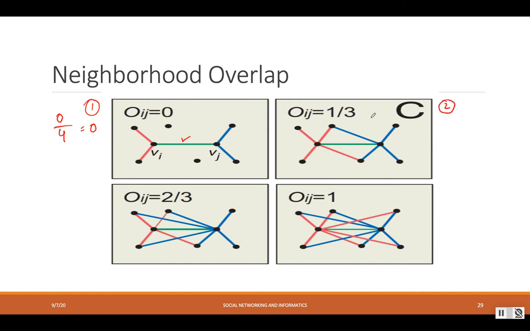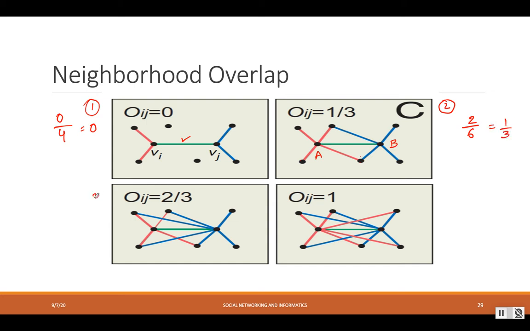Now for the second graph, let's give the names A and B. The number of neighbors both A and B share is 1 and 2. So the neighborhood overlap is 2 over the total number of neighbors either A or B has. 1, 2, 3, 4, 5, 6, so which is 1 by 3.